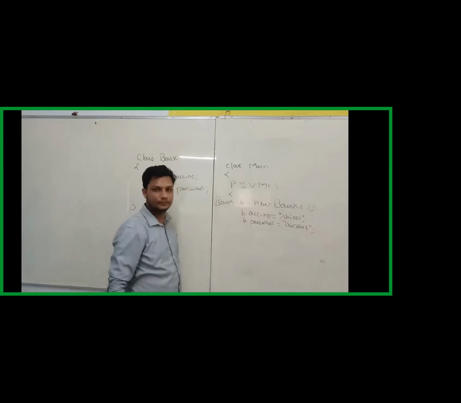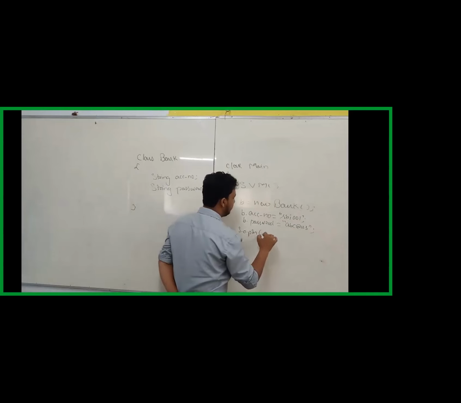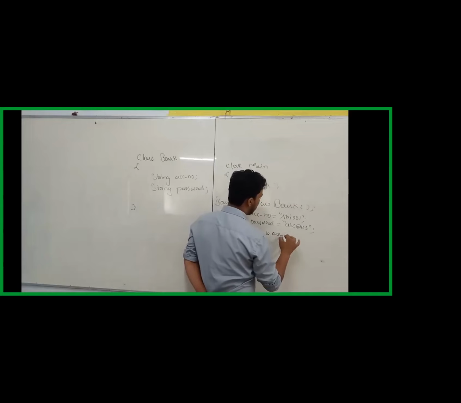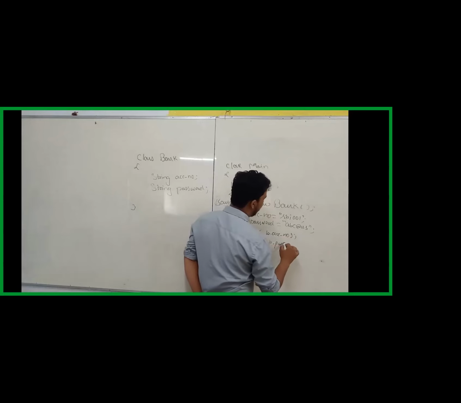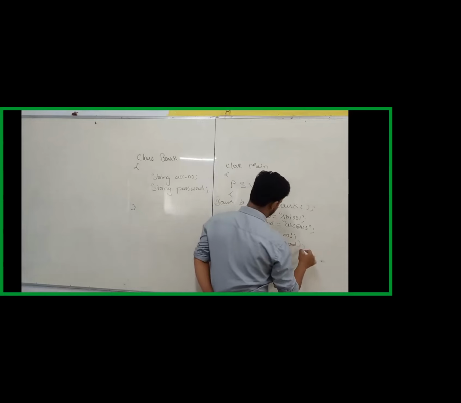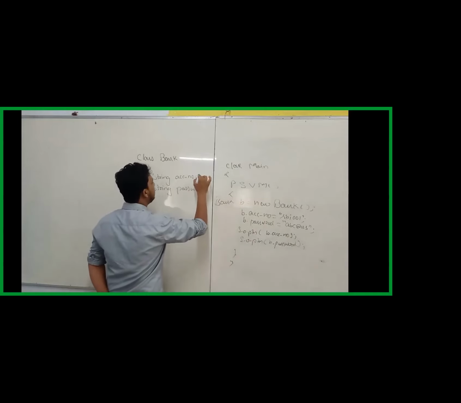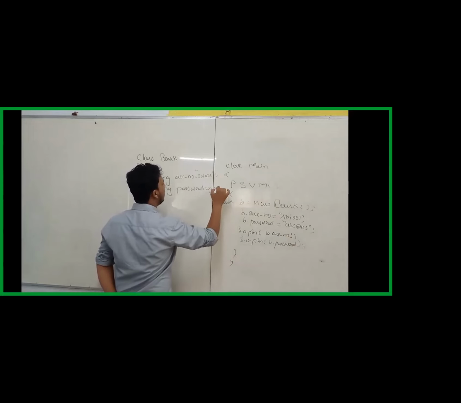Next, System.out.println of B.accountNumber, and System.out.println of B.password. I'll close this one. Then another object with account number SBI003 and password XYZ@123.